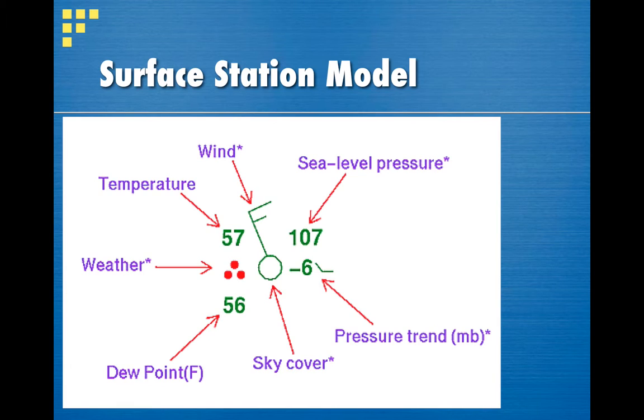Here we have a wind again from the northwest at 15 knots. Our sea level pressure, we have 107. So do you want to add a 9 or a 10 to the beginning of that? If we added a 9, it would be 910.7 millibars. Is that close to 1,000? Or if we added a 10, 1010.7 millibars.